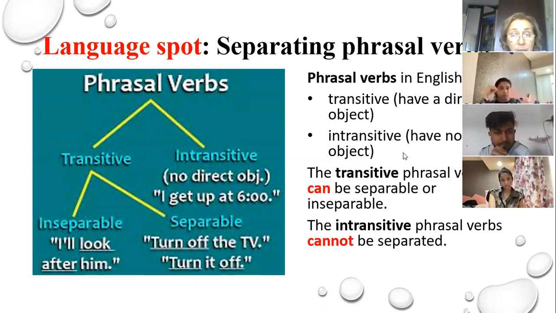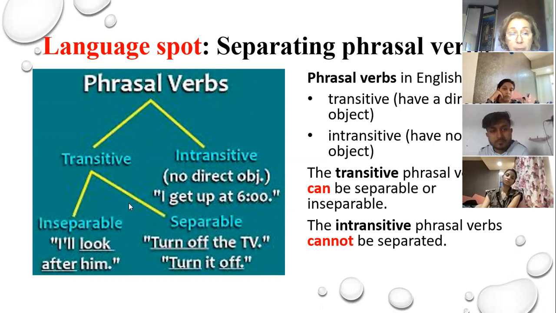Intransitive verbs are verbs which have no direct object, like the previous get up, which we can use without any object. So intransitive verbs are inseparable, and transitive verbs can be both separable and inseparable.